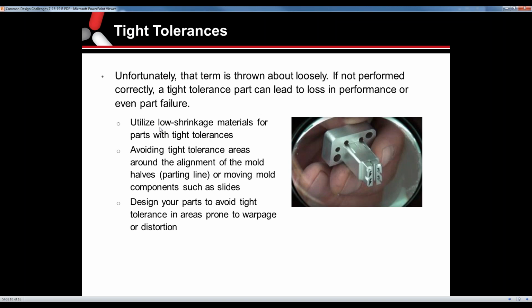Right, that could affect the tolerance. Any kind of flat part, thin wall without a lot of structure, that part's going to tend to warp and twist a little bit. So you really have to be cognizant of your design.